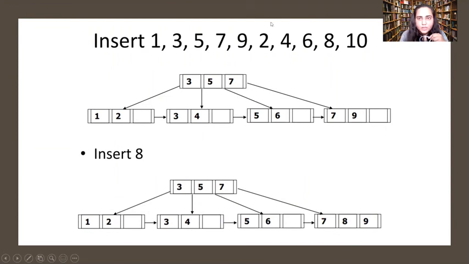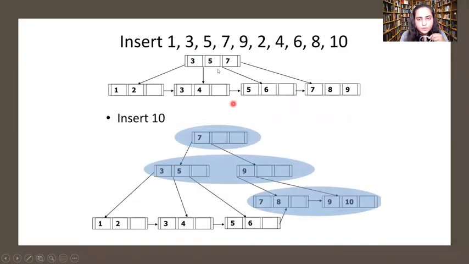And the last thing we are inserting is 10. To insert 10, again, 10 is going to get into this position and will create a problem. So let's see it once again. 10 is supposed to get inserted here, creates a problem for me, and that's why I have to perform all these steps right here. So let's just, very slowly, try to understand what exactly is happening in these steps.